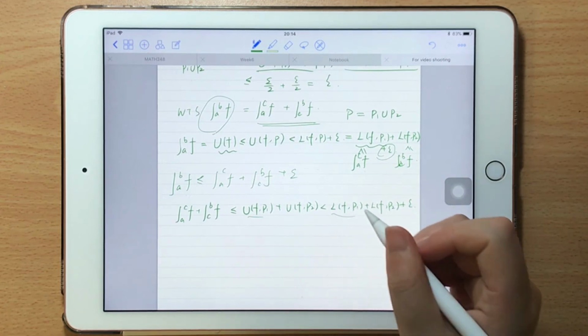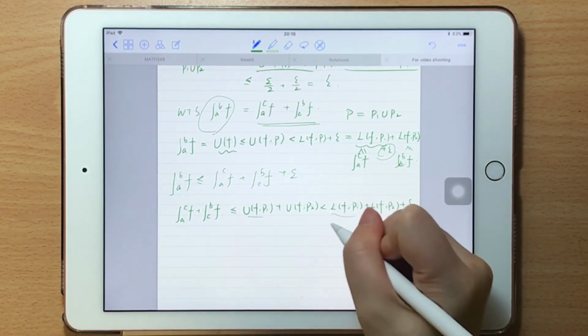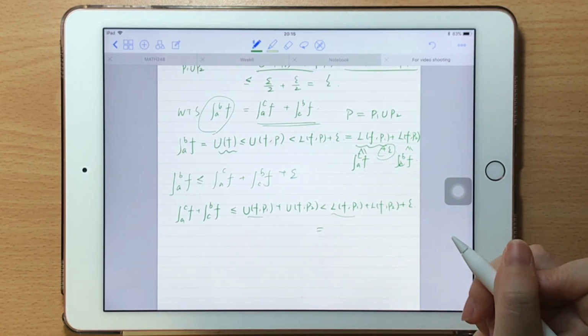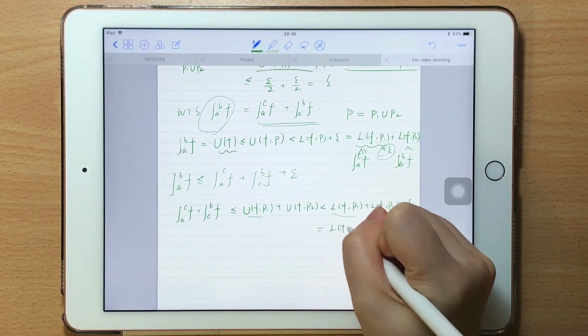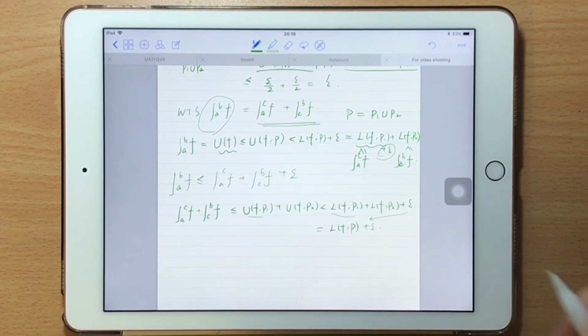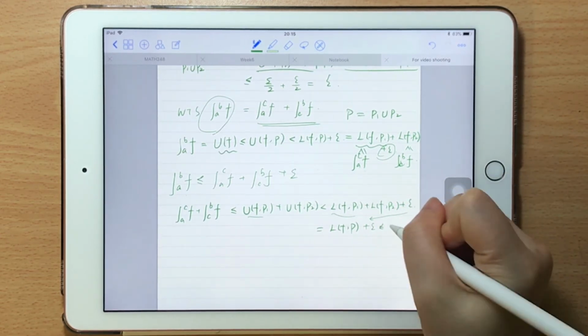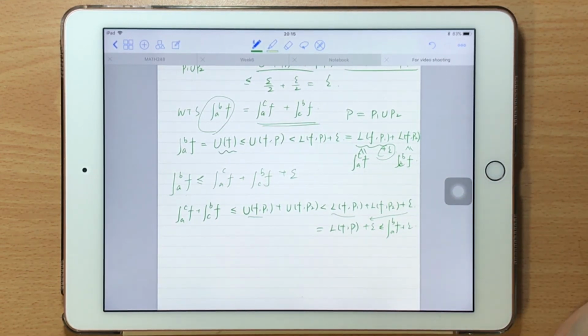So then continue this way, we will have L(f,P1) plus L(f,P2) equal to L(f,P). And don't forget plus epsilon, which is smaller than the integral of f on AB plus epsilon. Doesn't matter, because epsilon can be as small as almost 0.